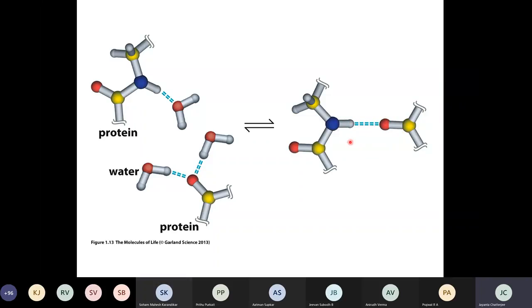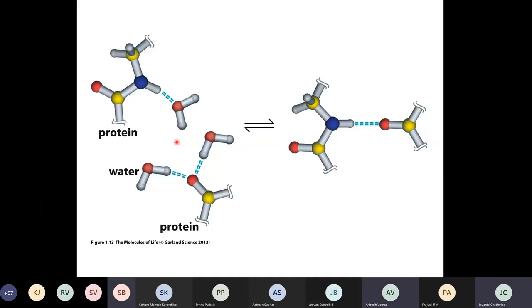So in essence, if you calculate net energy based on the involvement of the hydrogen bond, irrespective of whether it is with water or its own residues, you will see that there is not a huge difference. People concluded that hydrogen bonds do not contribute to protein folding. There are other forces which actually contribute to protein folding.